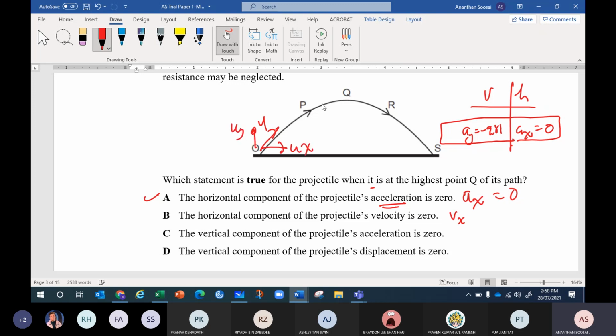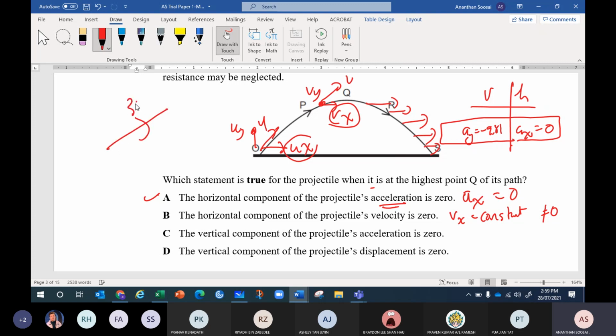After you launched, you get V and VX, VY. The UX, VX is always the same. The horizontal component is always the same, right? So VX is constant, but not necessarily zero. It can have a value.